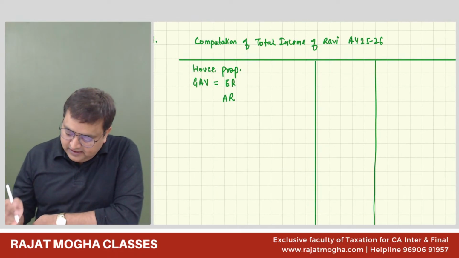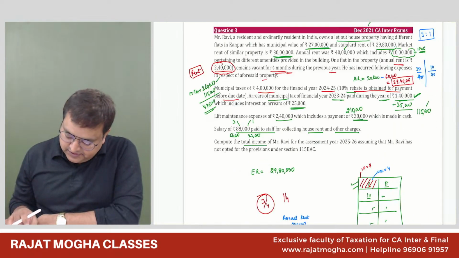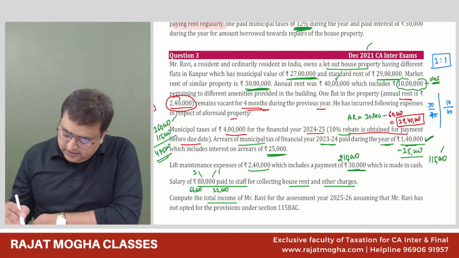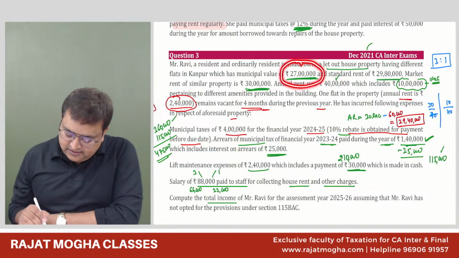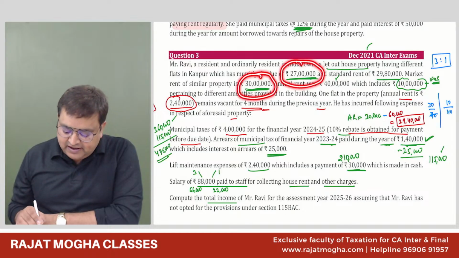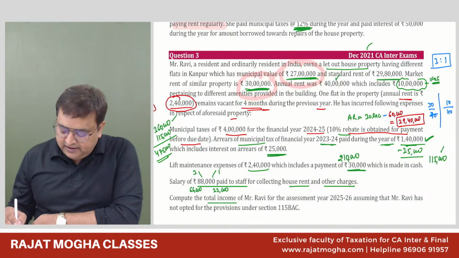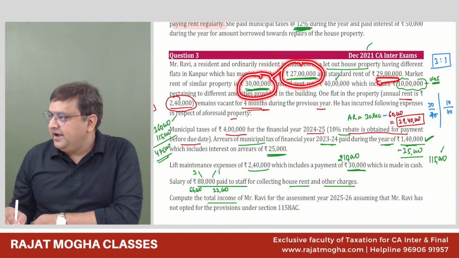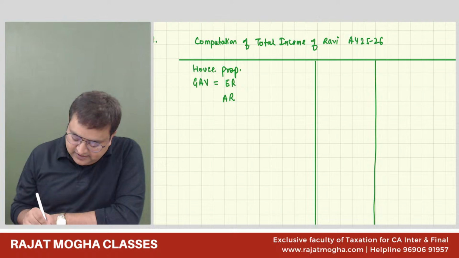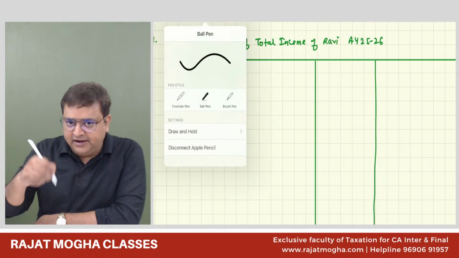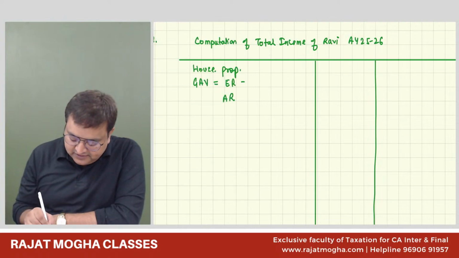Expected rent is how much? We have computed it also. Municipal value 27 lakh, fair rental value 30 lakh, whichever is higher, 30. Compared to standard rent, it is 29 lakh 80,000. So expected rent is 29 lakh 80,000.